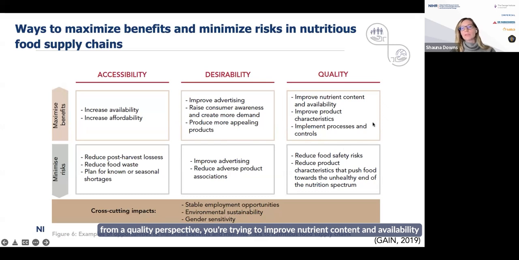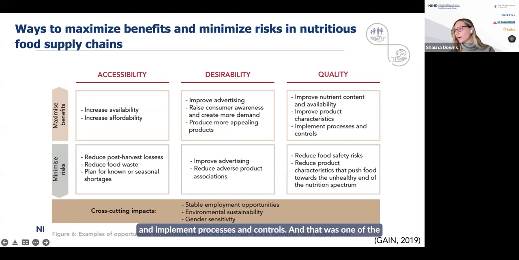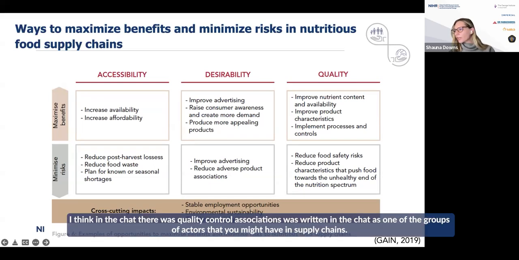From a quality perspective, you're trying to improve nutrient content and availability, improve product characteristics, and implement processes and controls. And that was one of the, I think in the chat, quality control associations was written in the chat as one of the groups of actors that you might have in supply chains.